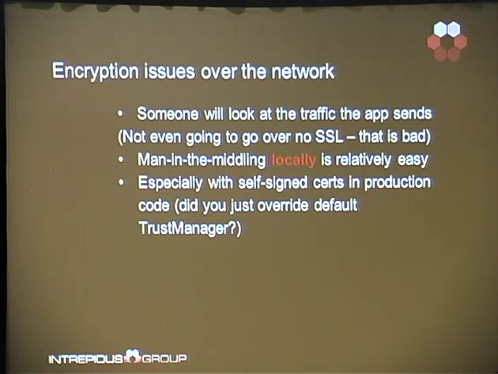And when developers use self-signed certificates in their production code, well, guess what happens? You're essentially getting rid of the whole CA validation model and certificate authorities, because any certificate is now a good certificate. I can put whatever I want as a man in the middle and see the traffic. When would that happen?